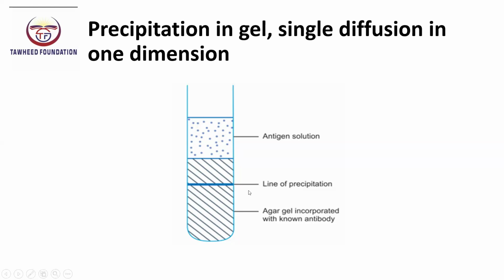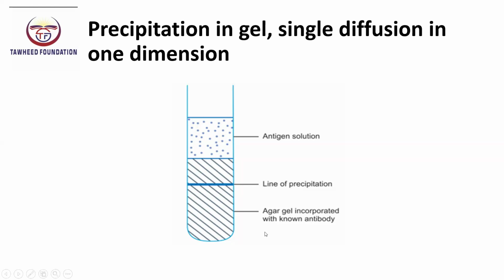At that region, they form insoluble antigen antibody complexes that appear as a thin visible precipitin line running parallel to the trough. So that's the precipitation band. The important concept here is that only one component, the antigen, diffuses through the gel while the antibody remains stationary. Hence, we call it single diffusion.